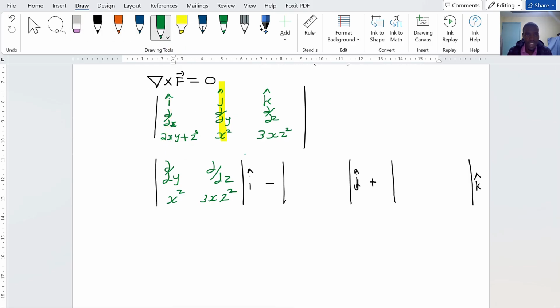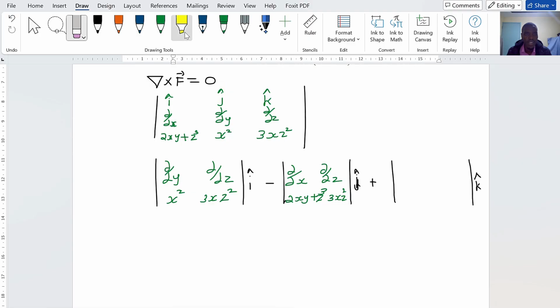When you want j, the matrix remaining is d/dx and d/dz, then you have 2xy plus z cubed, and then 3xz squared.